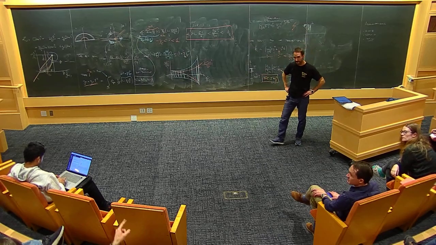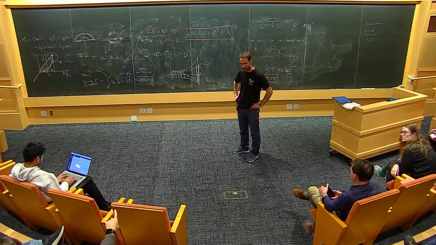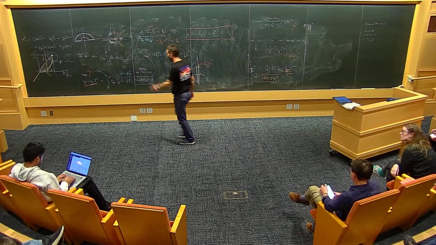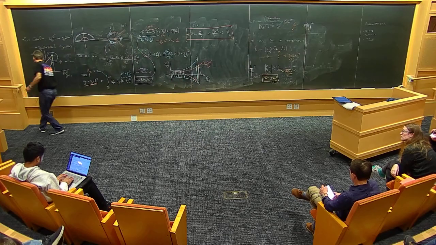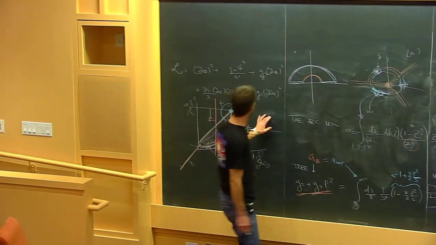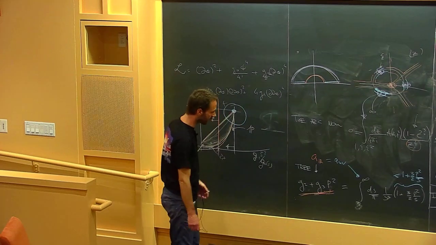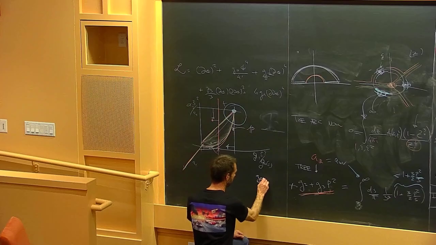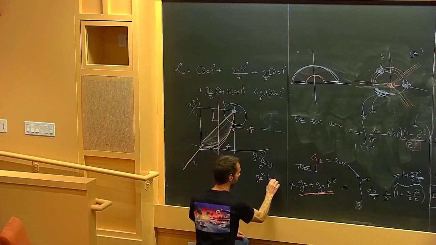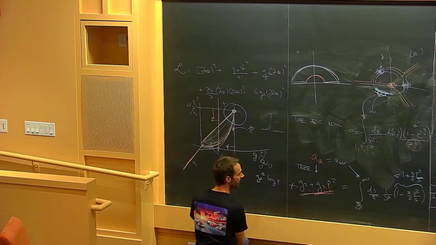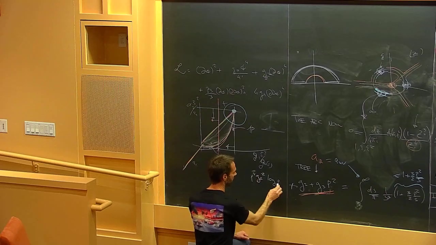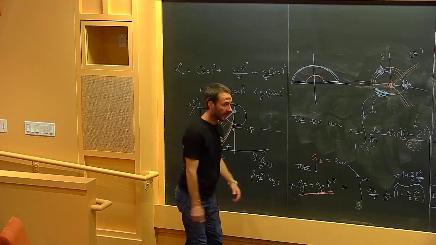The loops, like if I were to look at the IR part of the loops, does it show up in some finite way in this sum? Yeah, exactly. So in this IR part, in this theory, you will have stuff that comes in similar to what we saw before, like G2 squared, and then you'll have some logs of P, and I can't remember, it's P squared, P to the 4. Yeah, they will look like these kinds of things.